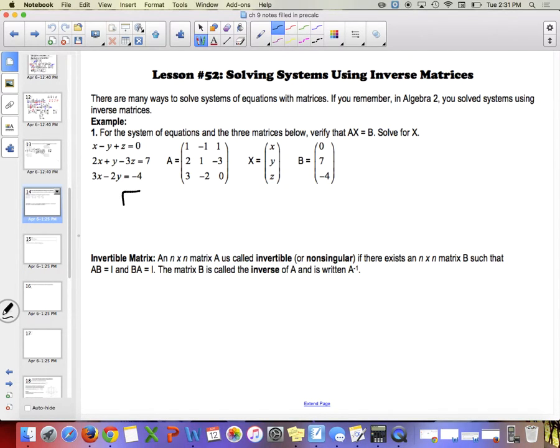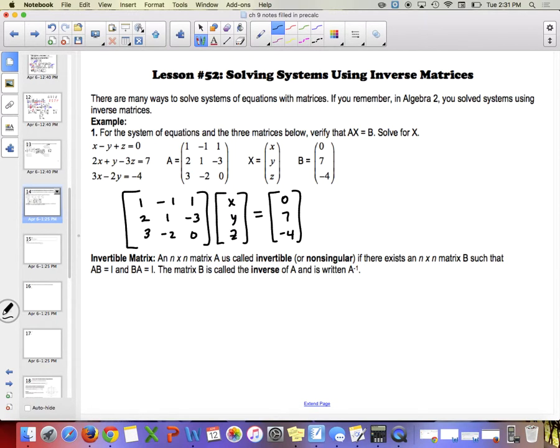So if I set it up as A times X, and don't be annoyed that I used parentheses instead of brackets. You can go back and forth between parentheses and brackets, so it doesn't matter. They're the same thing with matrices.